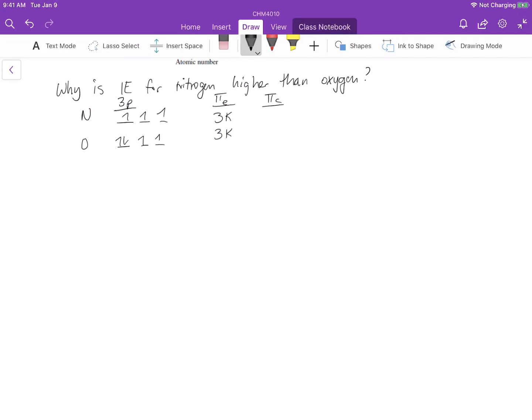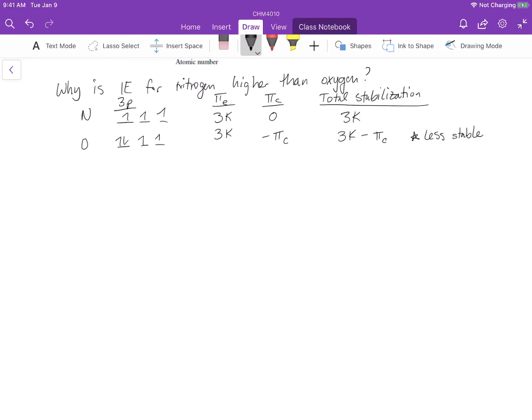Nitrogen doesn't have any repulsion, and in oxygen we'll have minus Πc. So our total stabilization will be 3K for nitrogen and 3K minus Πc for oxygen, which means that oxygen is less stable.